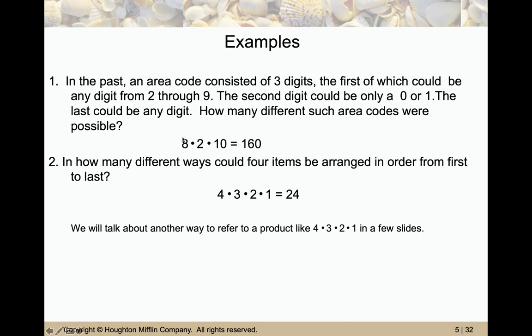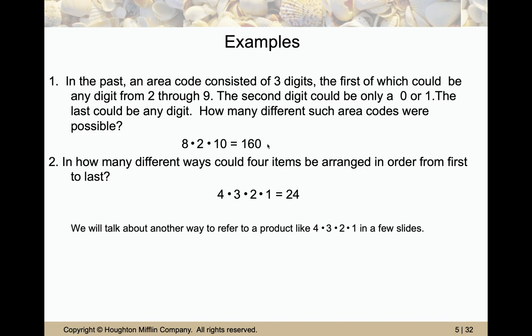If we're talking about 2 through 9, that's 8 different possibilities. Go ahead, draw them out if you need to and count them. And then for 0 and 1, there's 2 possibilities. And then there are 10 digits if you include 0, which they do. So it's going to be 8 times 2 times 10, which is 160.